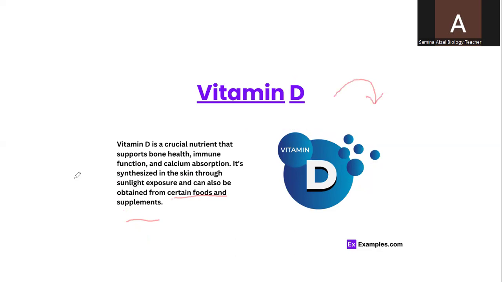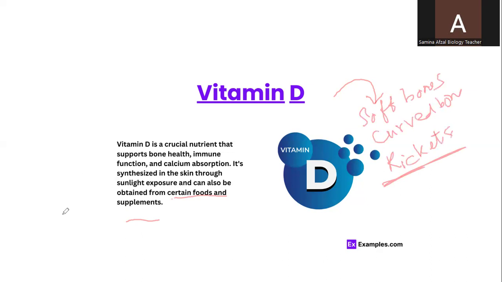It should be present in the body, because if it is deficient in the diet, it can cause soft bones or curved bones, which is called rickets. This is the disease when our bones become very soft and curved. So vitamin D should be present in our diet.